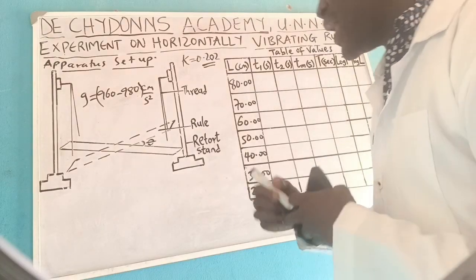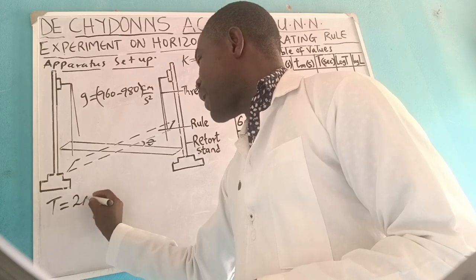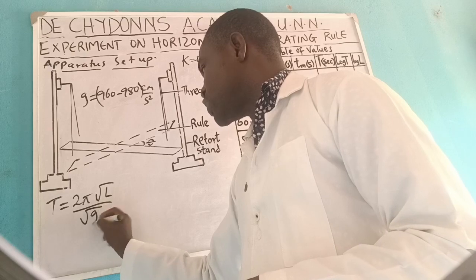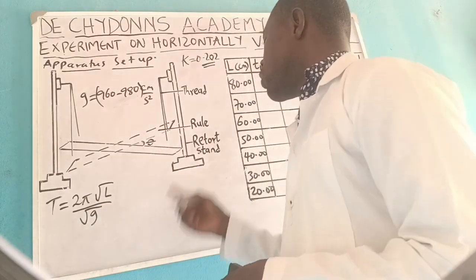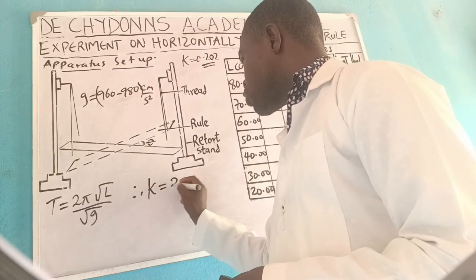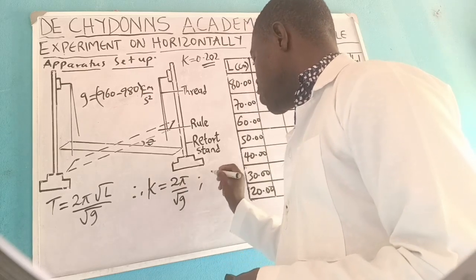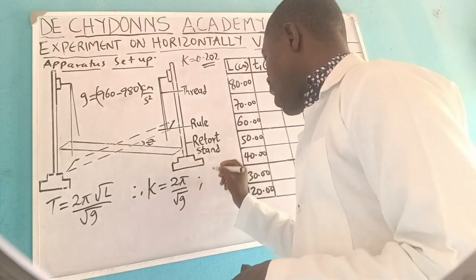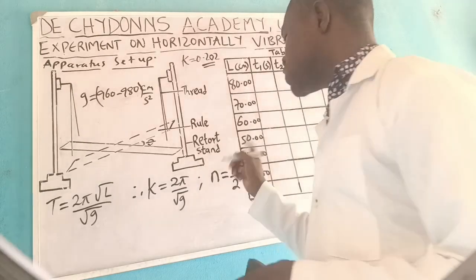We are saying in essence that as you have T equals 2 pi root L all over root g, your K is equal to 2 pi over root g, and the power of L, which is n, equals 1 over 2, or 0.5.